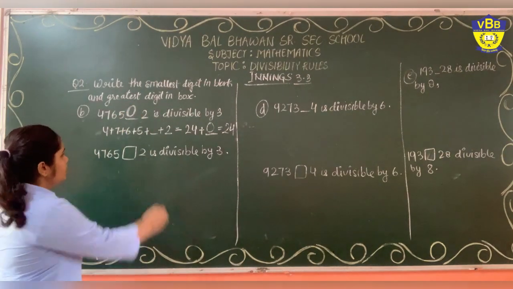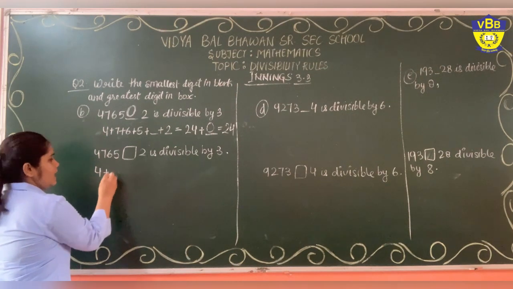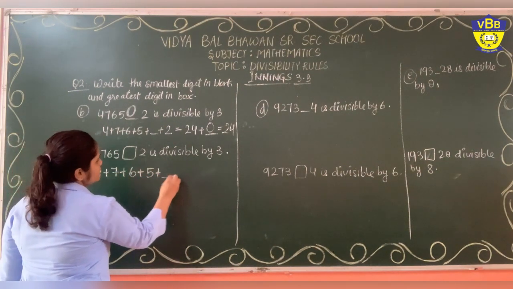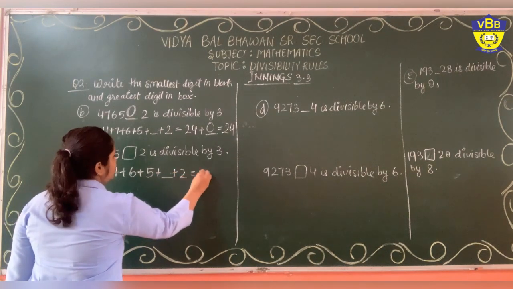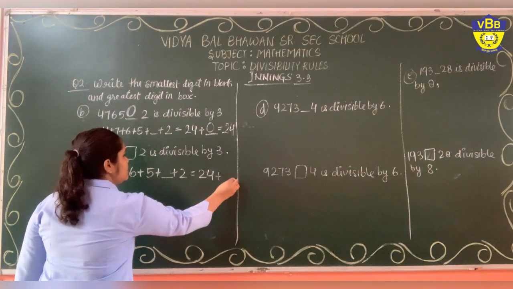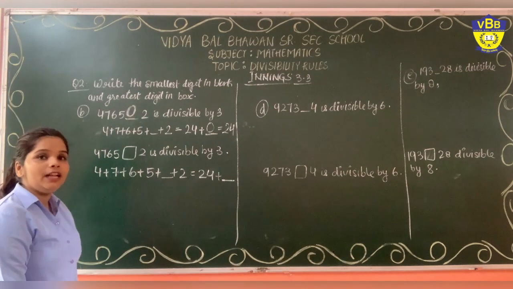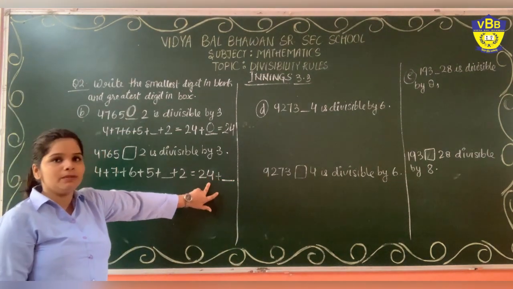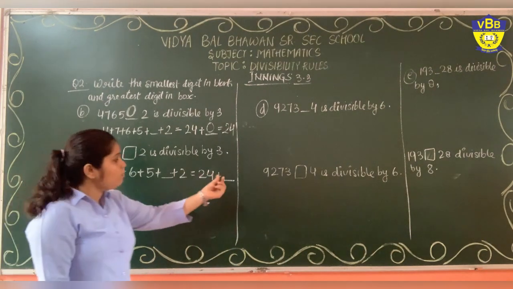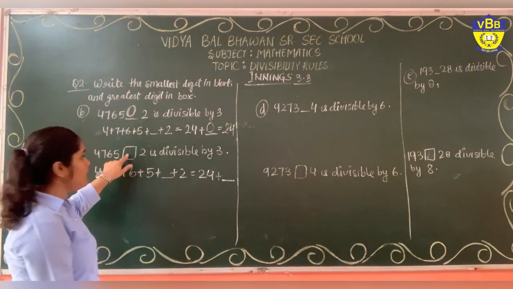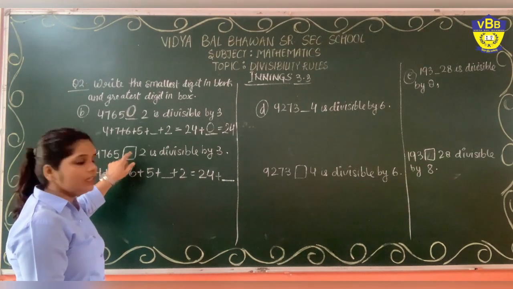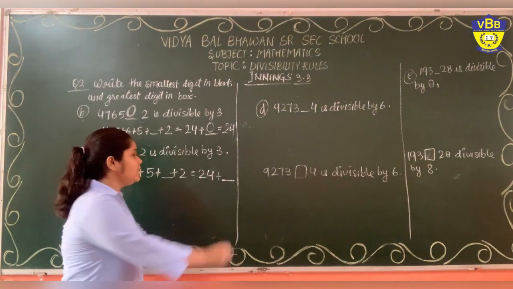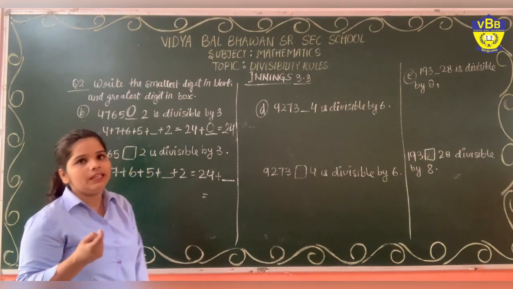Same here, you need to find the greatest one. Again, you have to do the sum of the digits of this particular number, that is 24 itself. Now what should be the greatest digit to be added here? Look, 24 is already divisible by 3, but we require one more digit here. There should be a digit written here so that the sum becomes completely divisible.